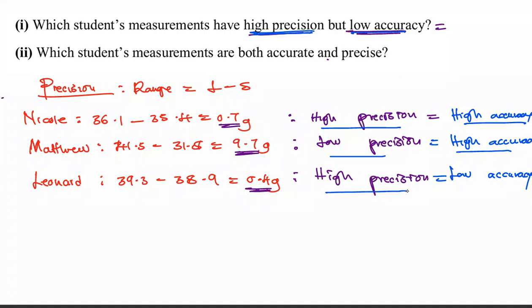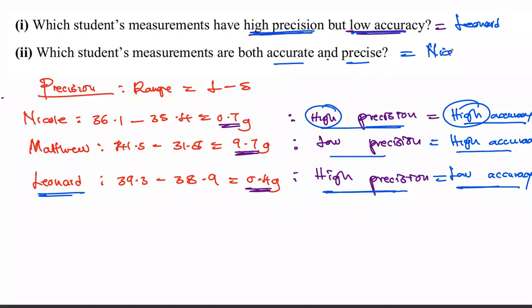So it's Leonard. Then which student's measurements are both accurate and precise? We are looking for the one with high precision and high accuracy. It's Nicole. We don't even need to waste much of our time there.